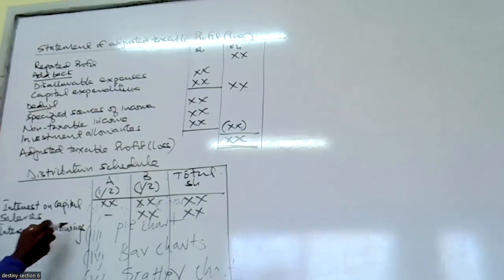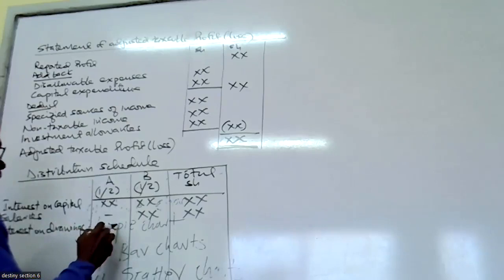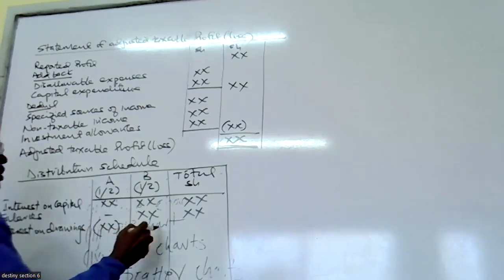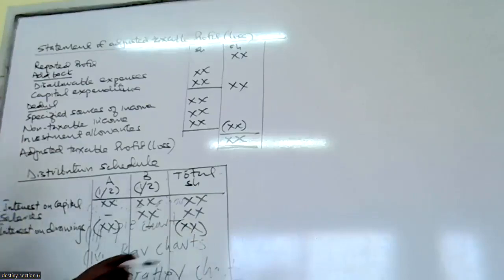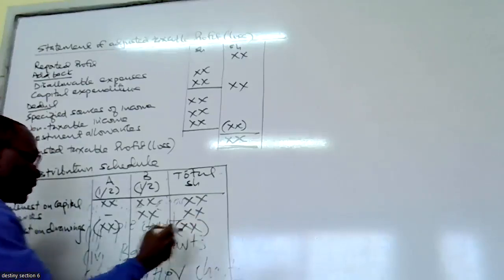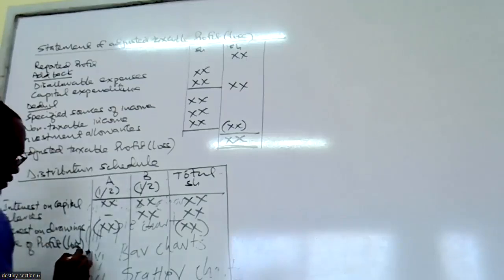And we assume that the only person who makes cash drawings is A. So we deduct interest on drawings. And the rest will be share of profit or loss.